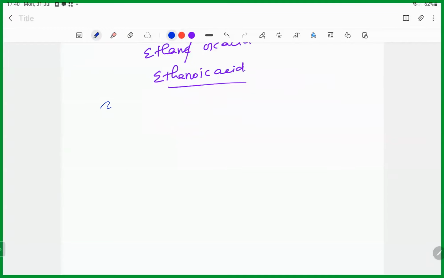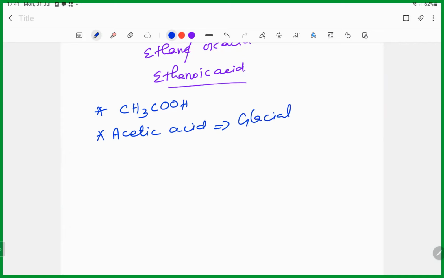Number 1. The structure is CH3COOH, then it is known as acetic acid. Acetic acid is the common name, but the trivial name is glacial acetic acid, which is nothing but water-free acetic acid.